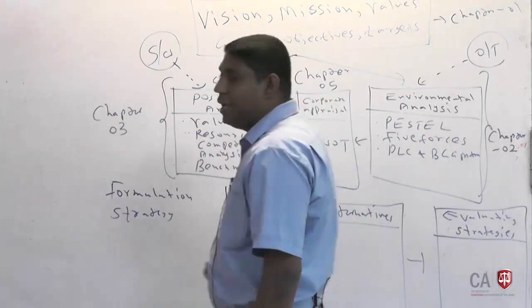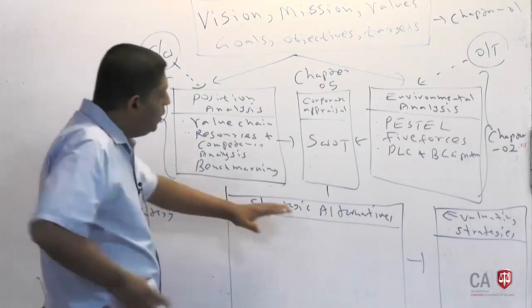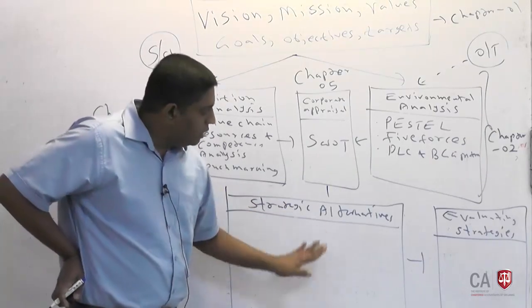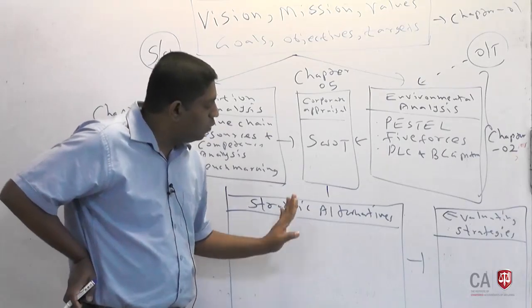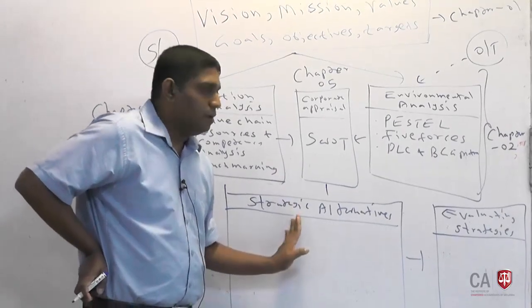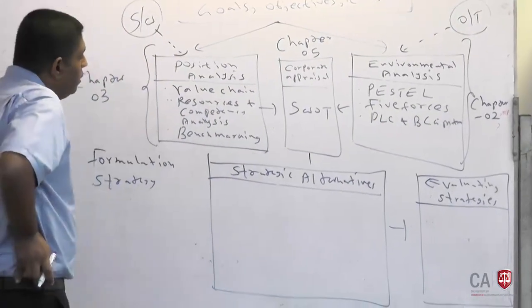The topic name is formulating and evaluating strategy. Under this formulating part, your syllabus has suggested some models you have to be familiar with. You have to learn those models.